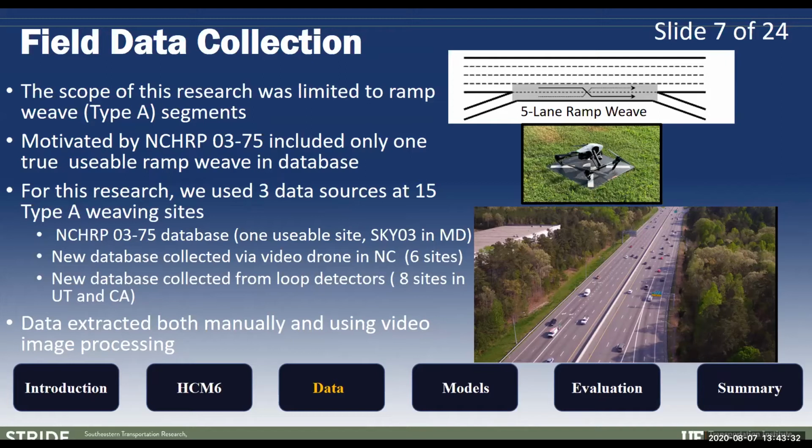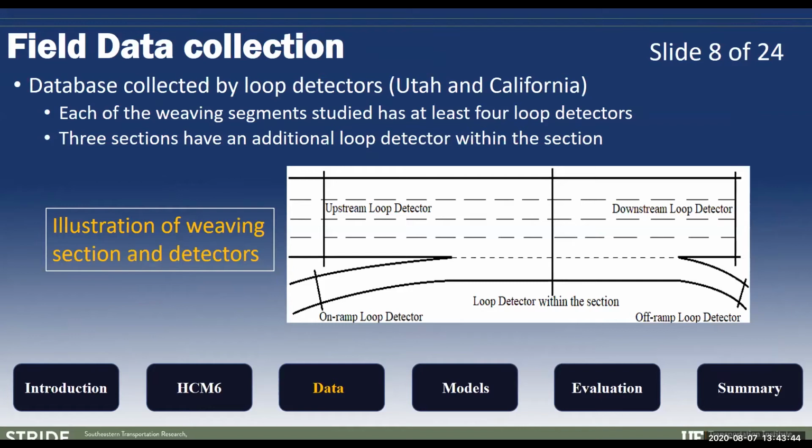And all the data were essentially extracted and mined both manually or using some video image processing. I can't go into those details in this short presentation. One important aspect with the loop detector data, however, is we made sure that each one of those sites had at least 4 sensors. And the sensor would be the one both on the upstream and on the on-ramp, downstream and off-ramp.